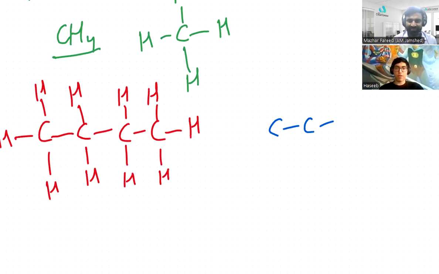Do you want me to make one? Okay. You have to make one branch. There are also 4 carbons here. Every carbon makes 4 bonds. Then you have to arrange the hydrogen with this.